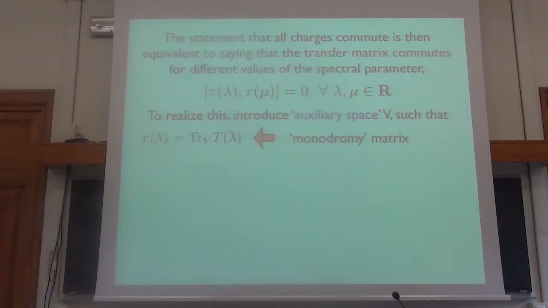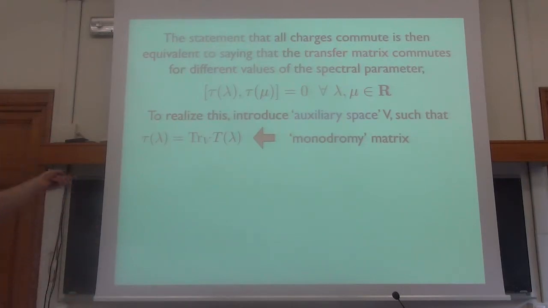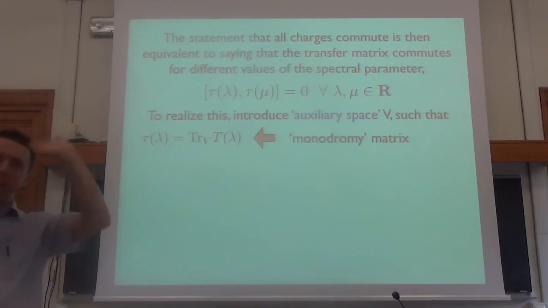Okay, so one nice thing about matrices is that when you take traces of matrices, the order of the matrices in the trace doesn't matter. The trace remains invariant. So let's just lift this equation one step up by introducing some pseudo space. It comes out of nowhere.